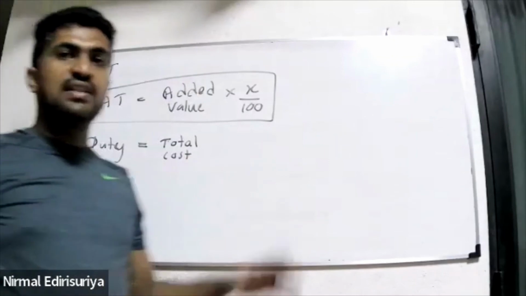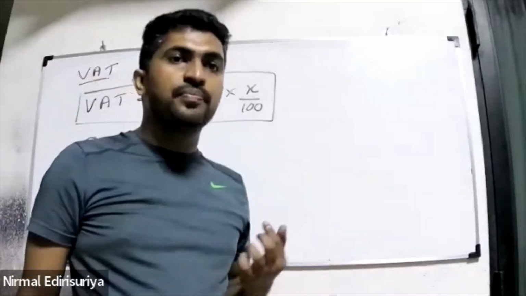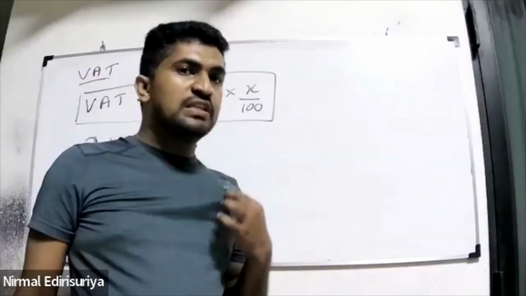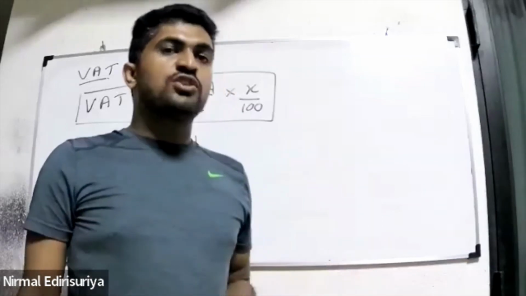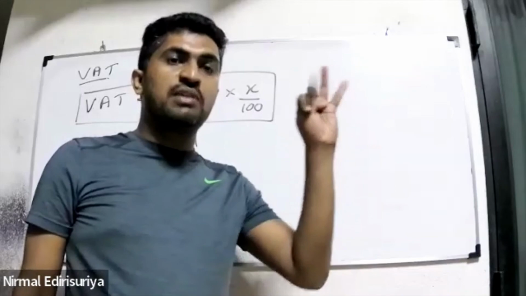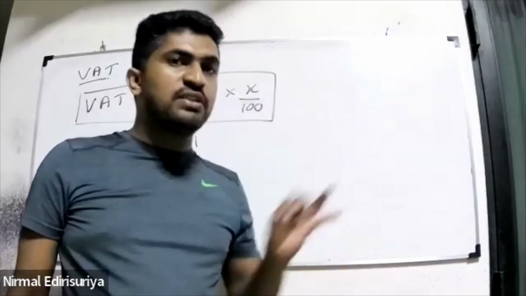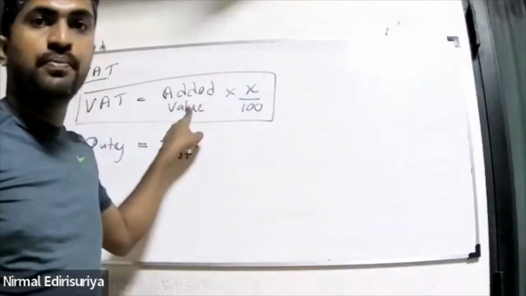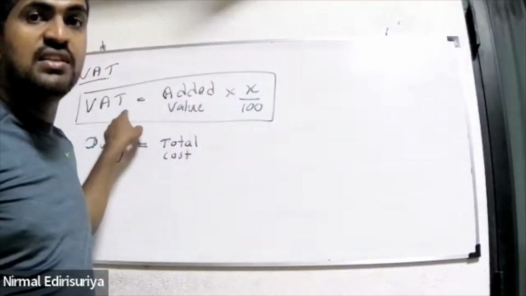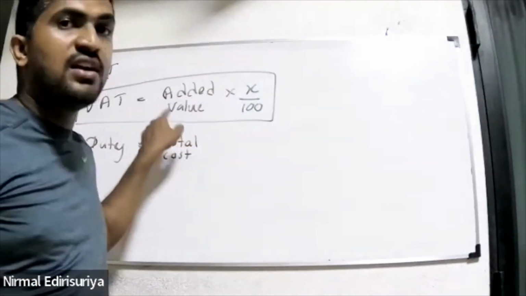Value added tax is like that. Think of this shirt. Producing this shirt involves costs: material cost, labor cost, transport cost, everything. The total of the cost we call the added value. Then the government charges a VAT on the added value.